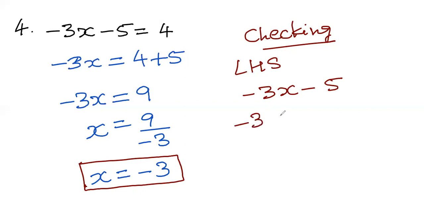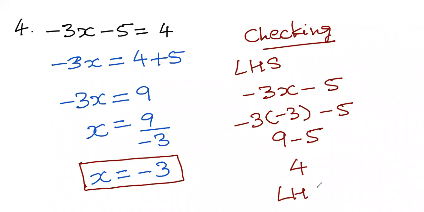So we write minus 3 times minus 3 minus 5. Negative 3 times negative 3 is positive 9, minus 5. So 9 minus 5 is 4, which is the same as our RHS, right? So we can write this as LHS is equal to RHS. So that is why this answer is correct.